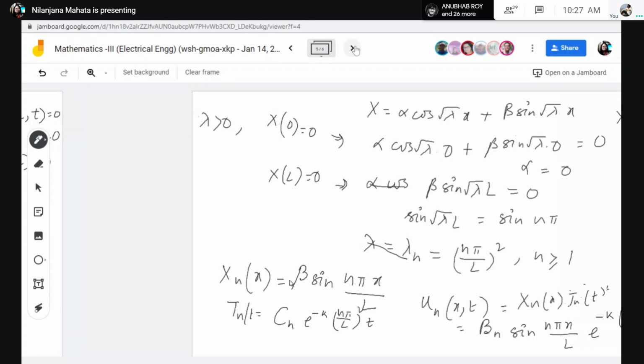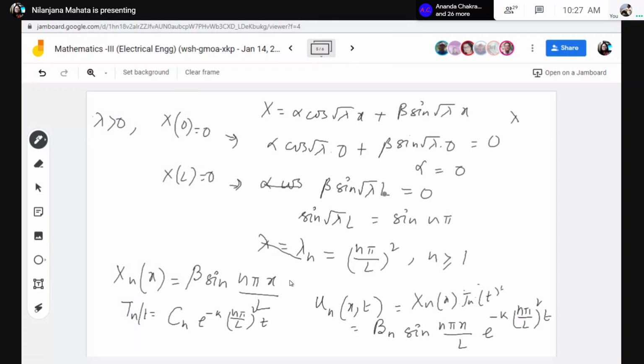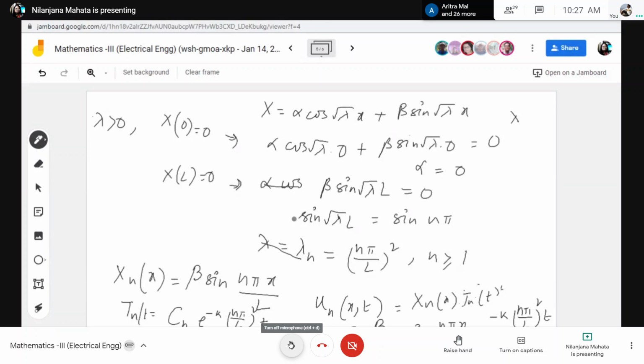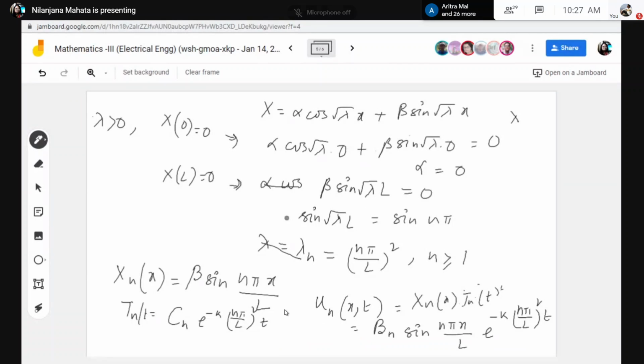Since we have two multiplied constants, I am not taking this as 0 for a non-trivial solution, and I will take this as 0. Otherwise, all the solutions will be trivial. That's why I am not taking beta equal to 0.